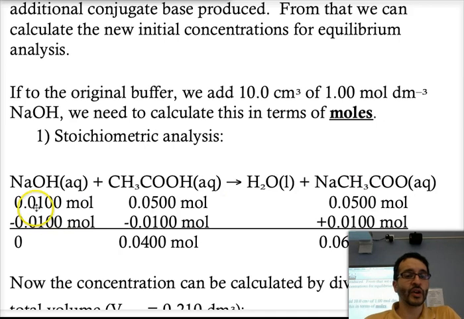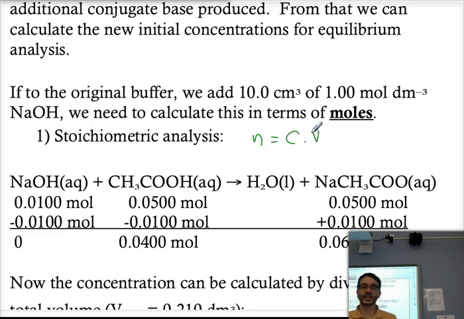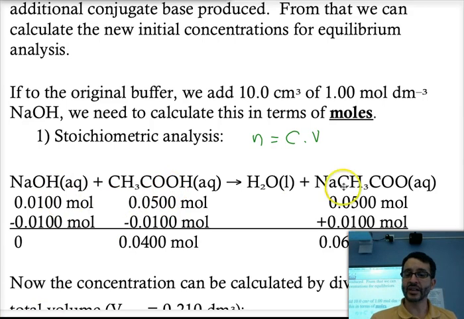We use our normal equations. Remember, number of moles is equal to concentration times volume, and the volume has to be in decimeters cubed. That's how we find out that we had 0.01 moles of sodium hydroxide, 0.05 moles of ethanoic acid, and 0.05 moles of sodium ethanoate to begin with.